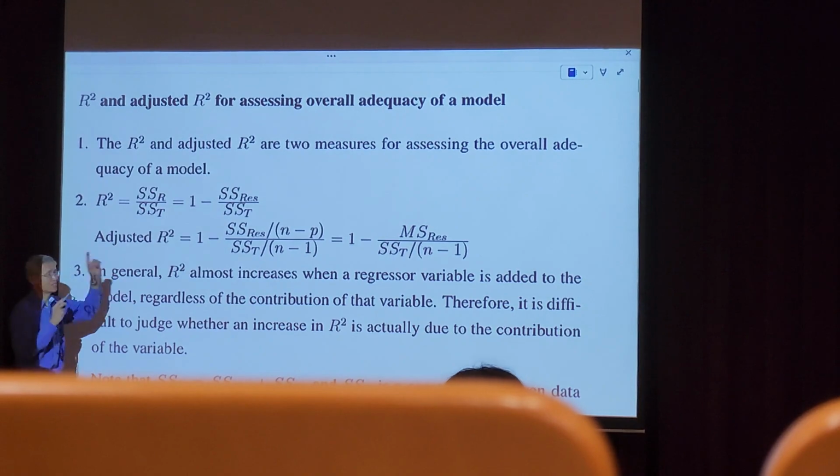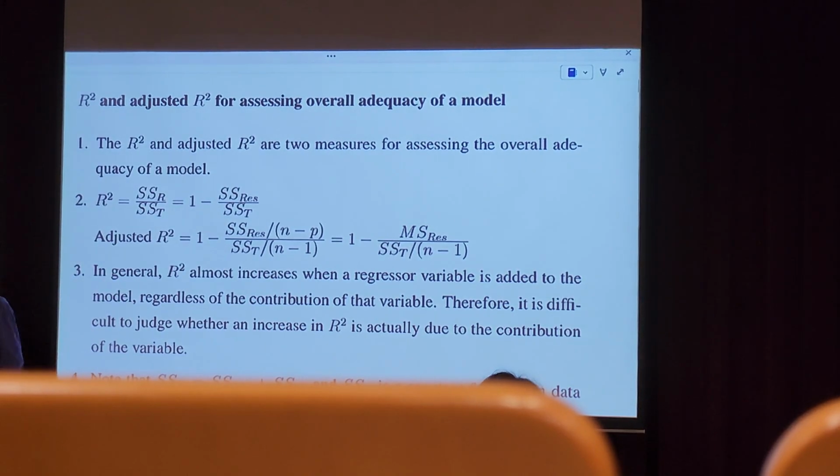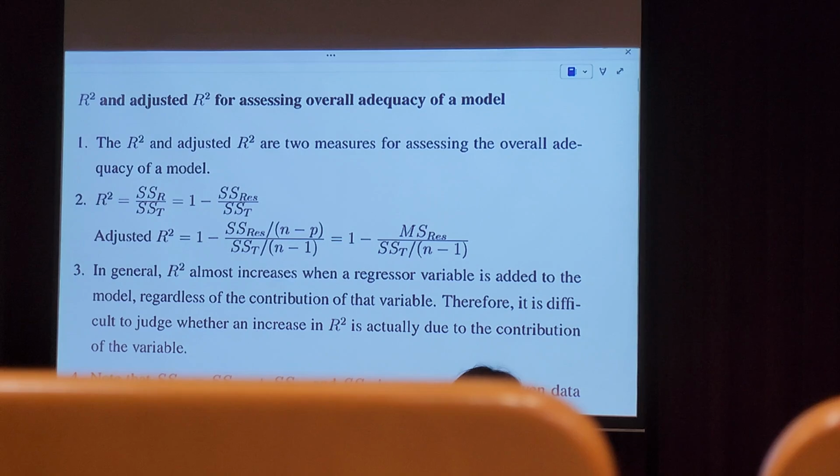So using R squared to judge whether an added variable is useful or not is not such a good idea. In general, to test the adequacy of a model, use R squared and adjusted R squared. But now, suppose I have my cholesterol level example with age and age squared.